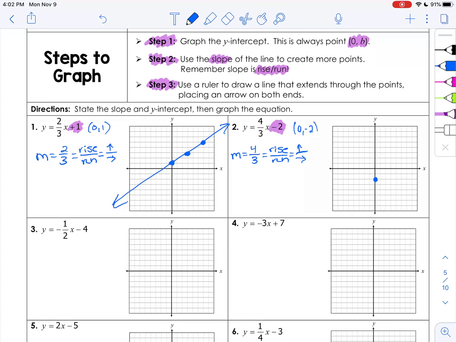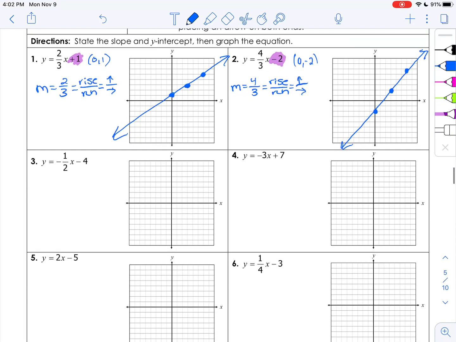Starting from the point we already have graphed, we're going to go up 4 to the right 3. And that gives us another point on our line. Starting from that point, we're going to again go up 4 to the right 3. And once I have at least 3 points, I can connect those points going all the way through the graph with arrows on the end.